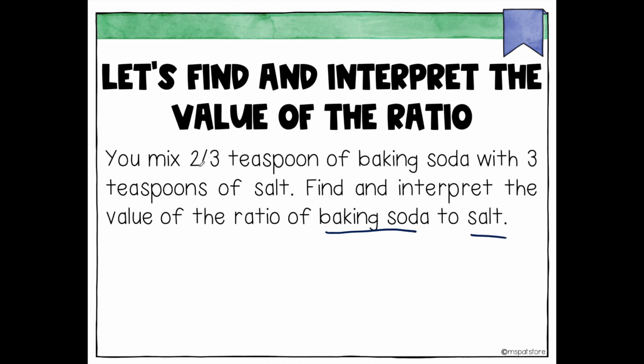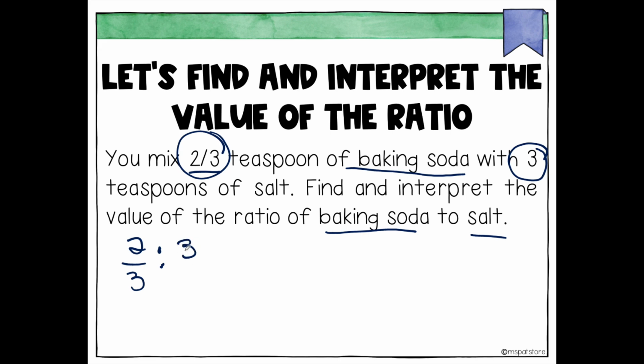So it says here that 2/3 teaspoon of baking soda, so that will be my first number. 2/3 to, let's see how many salt, 3 teaspoons. So in this case, it will be 3.